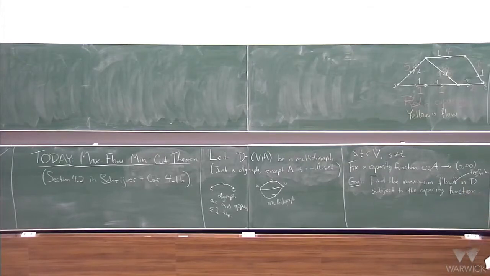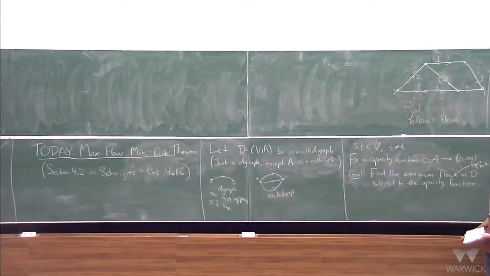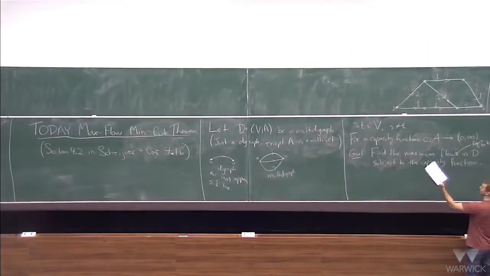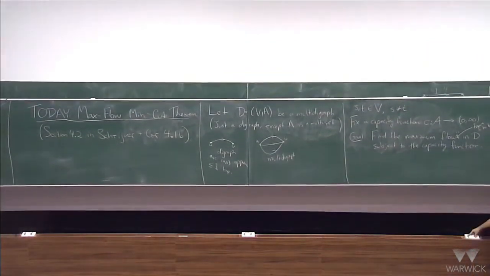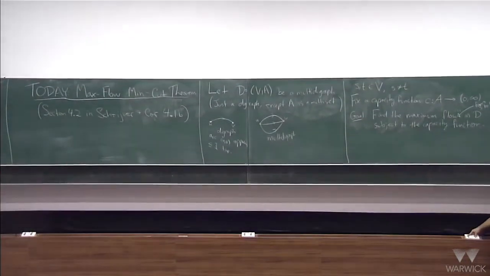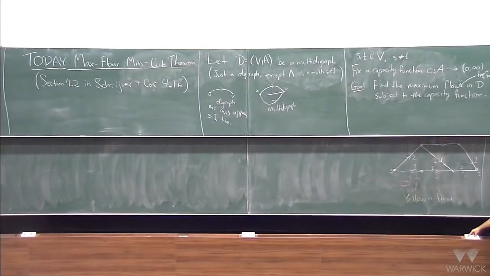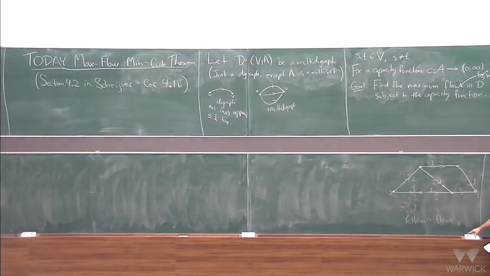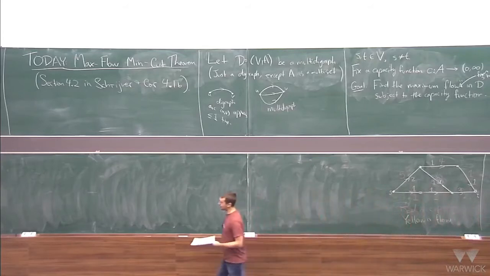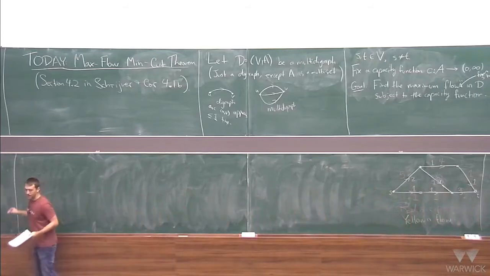Or if you think of water pipes or oil, S is where the oil starts, T is where you need to get it to, and you want to push as much through the system as you can, but you're restricted by the capacity function. So you can't push an arbitrary amount through. You can only do what the capacity function will let you do. Is it clear, vaguely, what we're trying to do today?